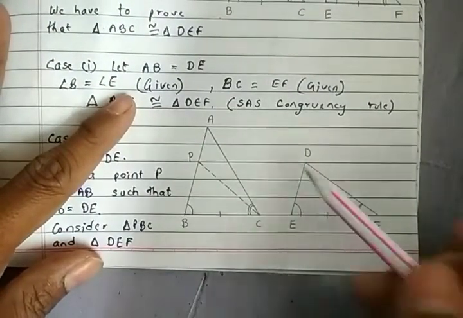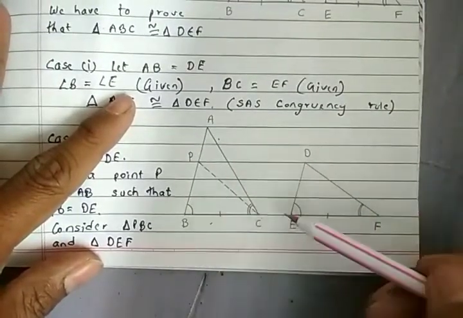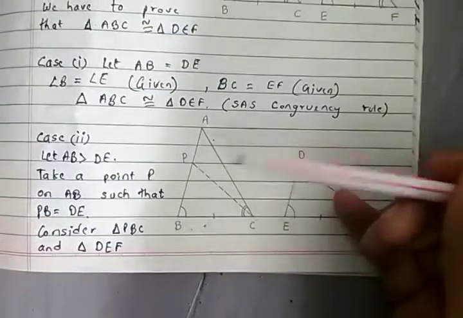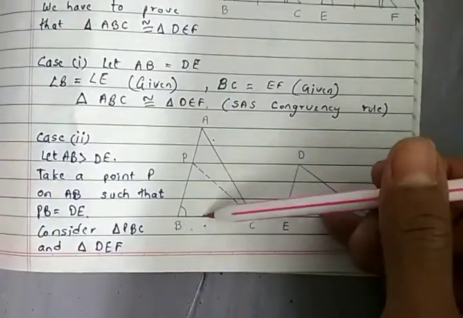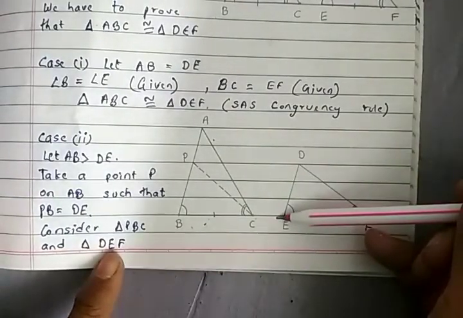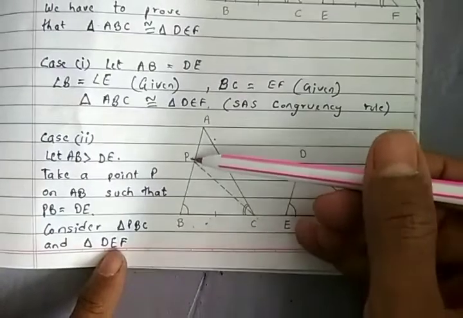So now ACB will be equal to PCB. Angle ACB is equal to angle DFE, and angle ACB will be equal to angle PCB.